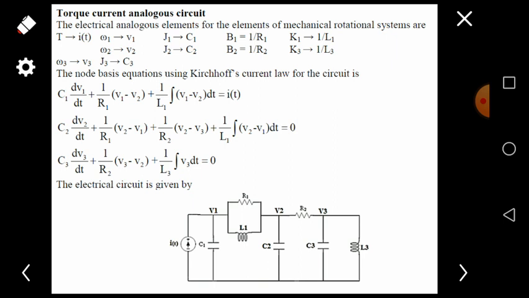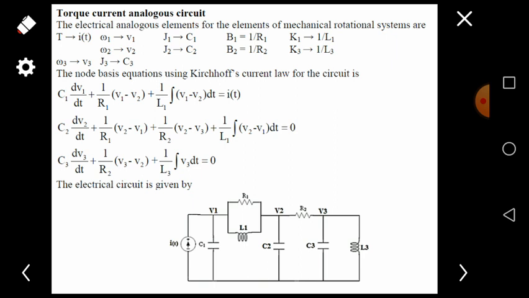So it will be written as a node equation using Kirchhoff's current law. Okay, so it will be C1 into dV1 divided by dt plus 1 by R1 into (V1 minus V2) plus 1 by L1 into integral of (V1 minus V2) dt equal I of t.